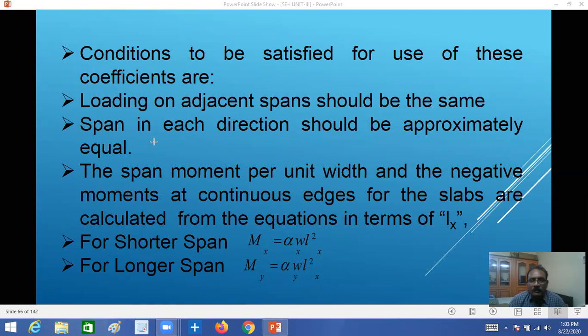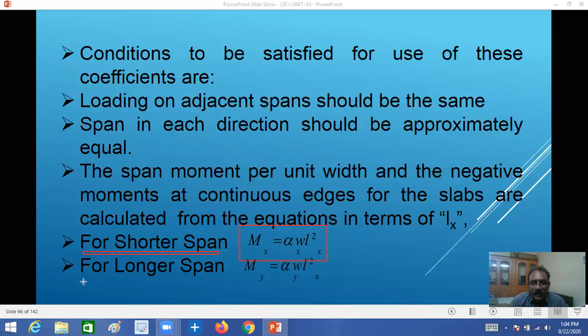The span moment per unit width and the negative moment at continuous edges for slabs are calculated from these equations. For the shorter span, Mx equals alpha x w lx squared, where lx is the shorter length of span of the slab, w is the uniform load on the slab, and alpha x is the moment coefficient, which is taken from IS 456 Table number 26.